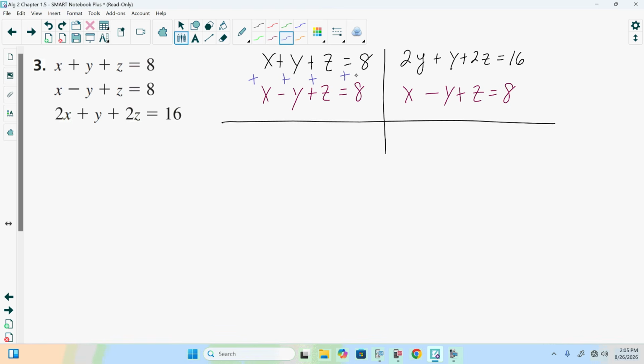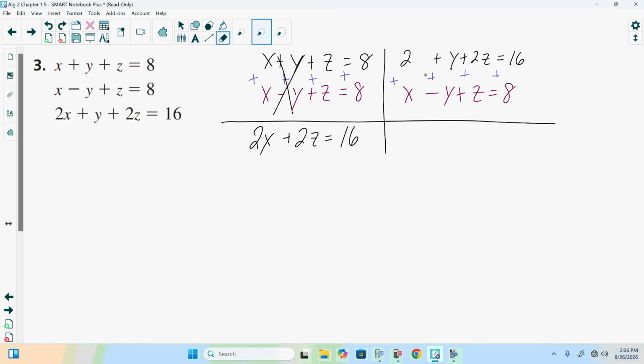add, yes? X plus x is 2x. Y plus negative y is 0, z plus z is 2z, 8 plus 8 is 16. Oops, that should be an x.